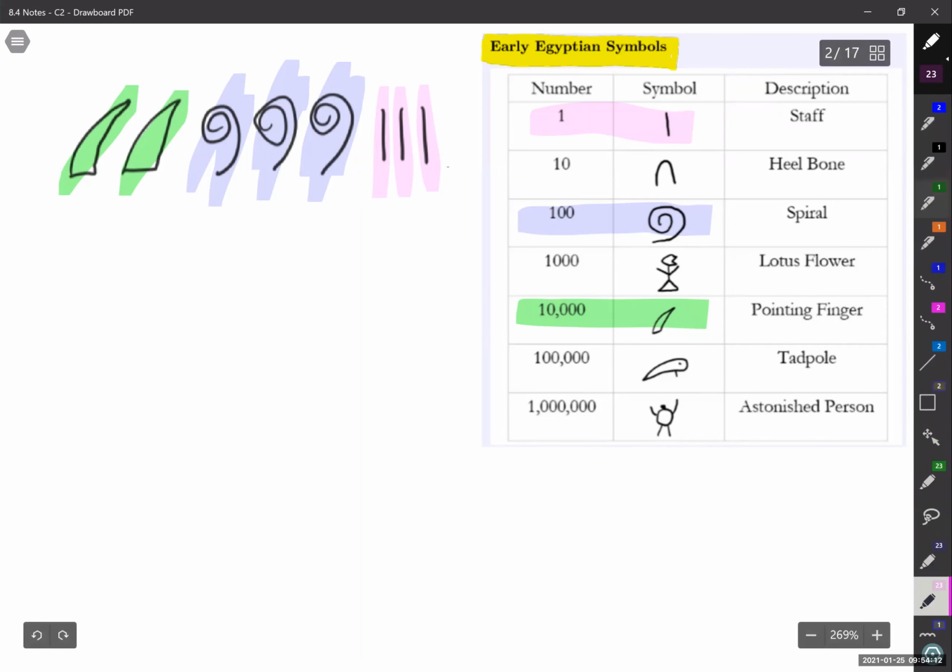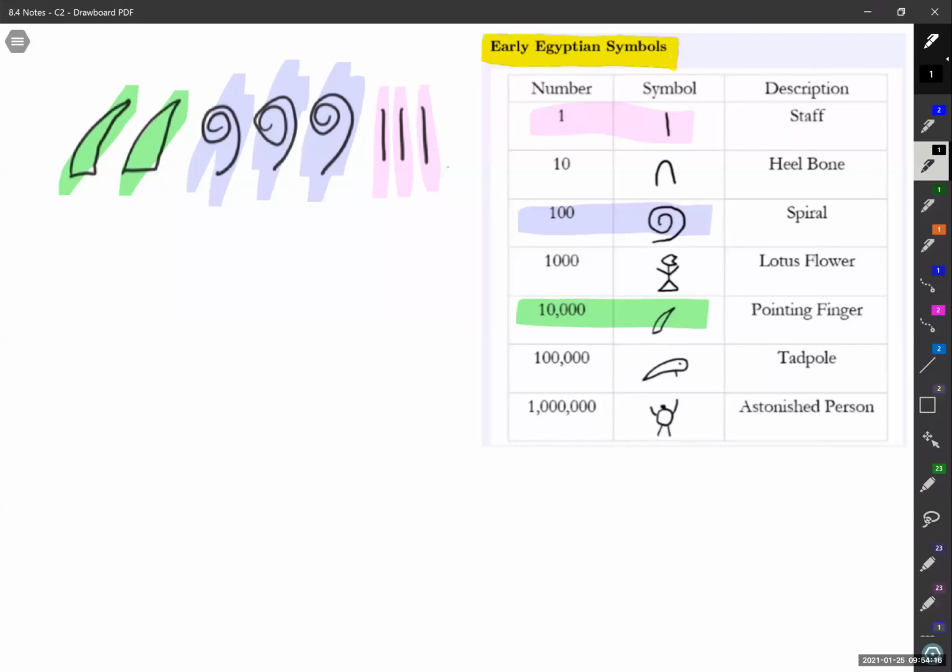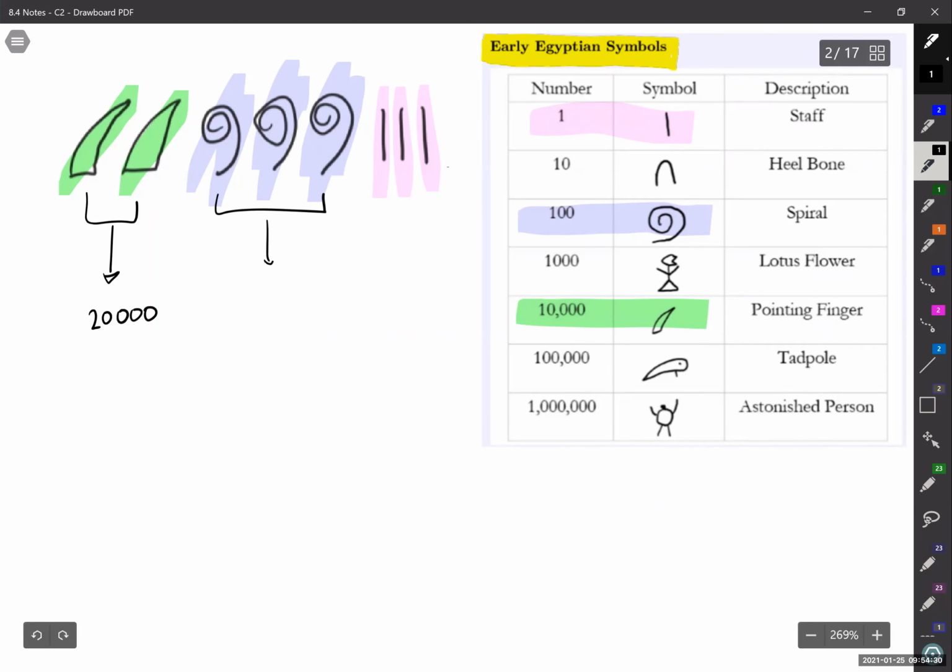And how many do we have? 2 of them. So they repeat it if they want there to be multiple. So this would be 2 10,000s or 20,000. So on my paper, I'm just writing it down piece at a time. Okay, next up, we've got 3 of these spirals, each of which are 100. So that contributes 300. And then we've got 3 of these lines, each of which are 1.